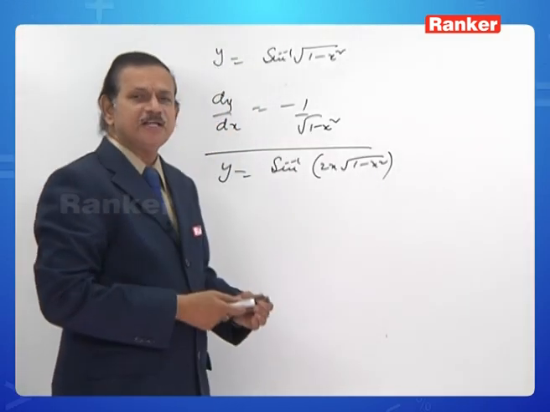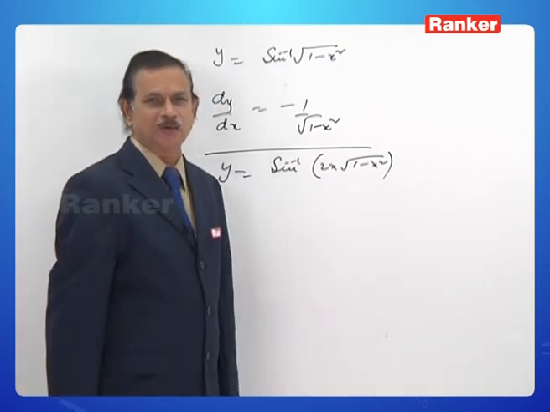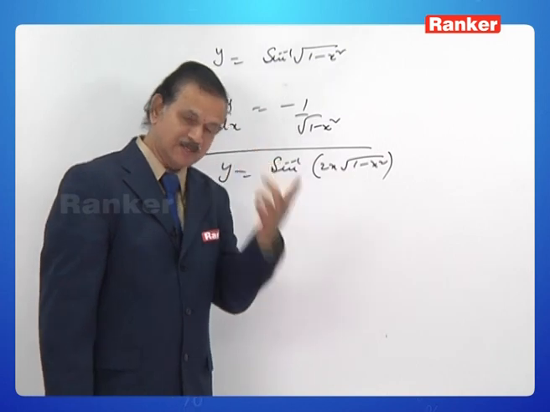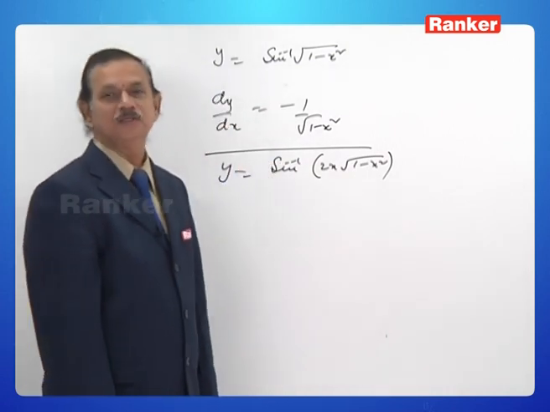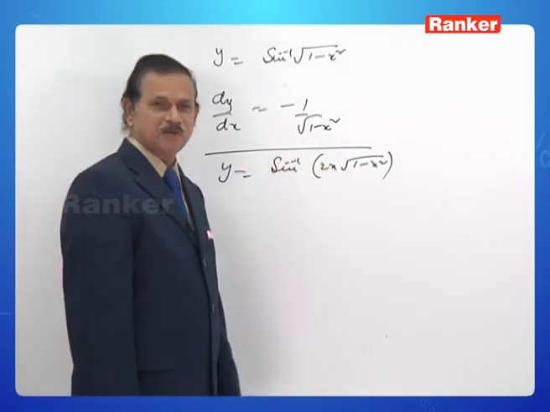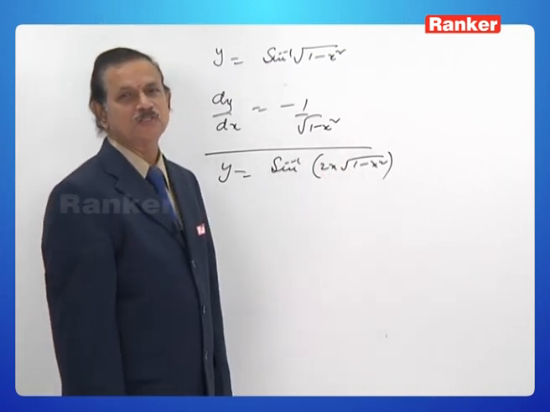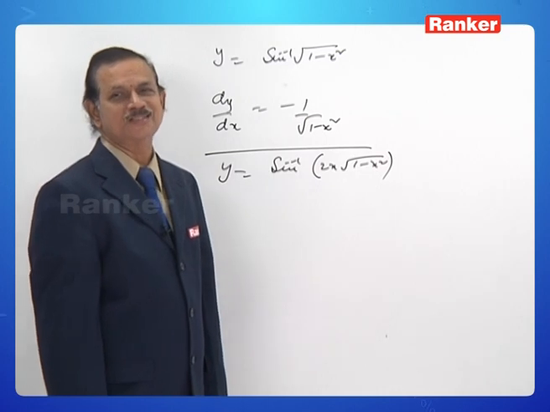You must have enough command over formulae regarding inverse trigonometric functions and all the formulae from compound angles and multiple angles of trigonometric ratios. If you take sine theta in the place of x, 2 sine theta into root of 1 minus sine square theta, that is 2 sine theta into cos theta, it is sine 2 theta.